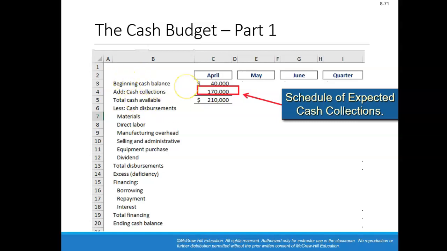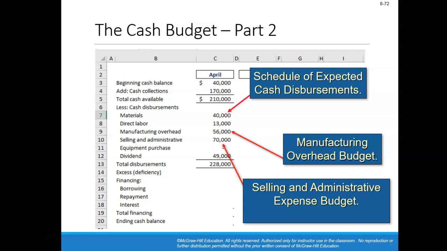So the total cash available for the month of April would be $210,000. Next, our disbursements. Disbursement for materials, disbursement for labor, disbursement for overhead, disbursement for selling and admin expenses, and in the month of April, we're paying out dividends.